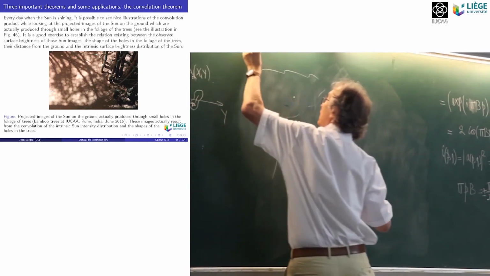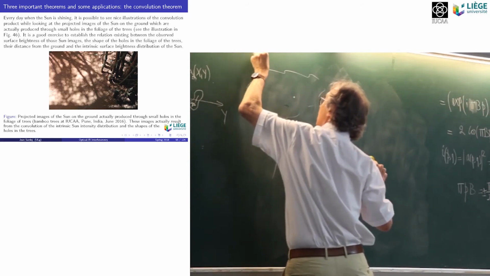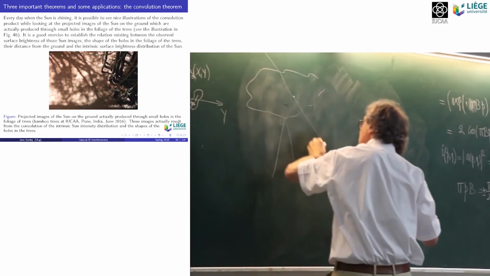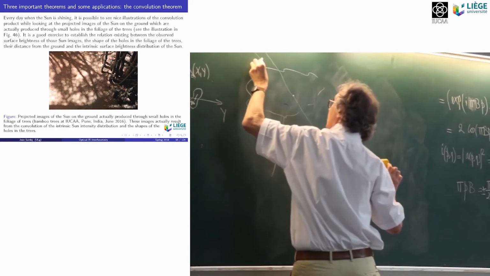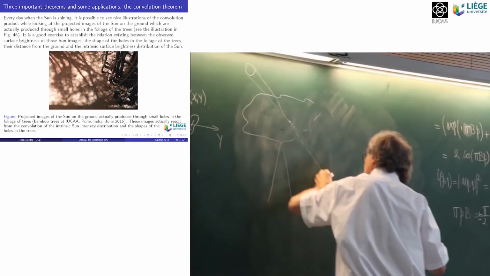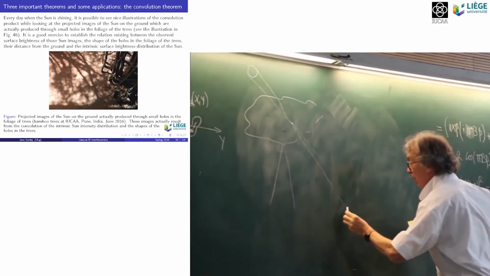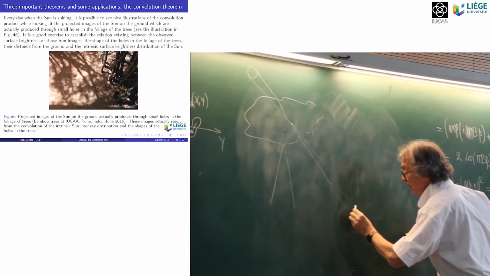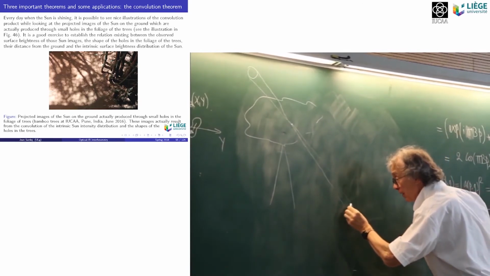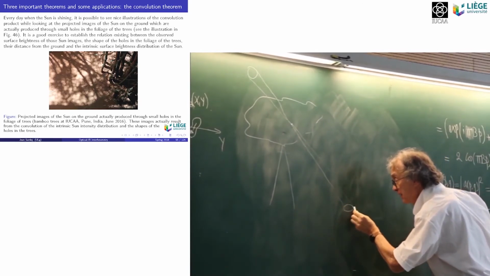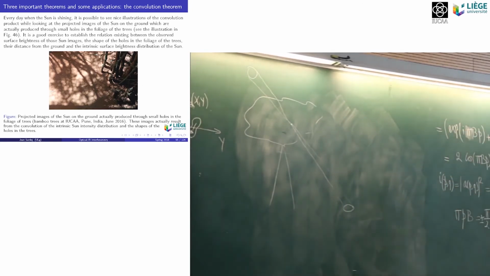Now you have the sun here. The rays go through here. And so on the ground, what you see is not a circular disk, but an elliptical disk, because the sun is not always at the zenith. When it is very high, then it's almost circular, like there.